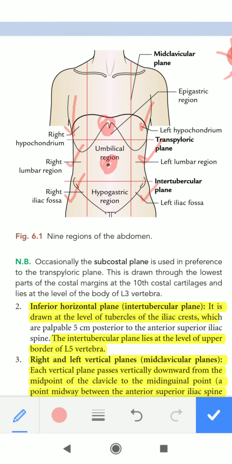This is the umbilical region and this is hypogastric. So epigastric is above, hypogastric is below, and the middle is the umbilicus. You have to know very well what these regions and these transverse and vertical lines are.